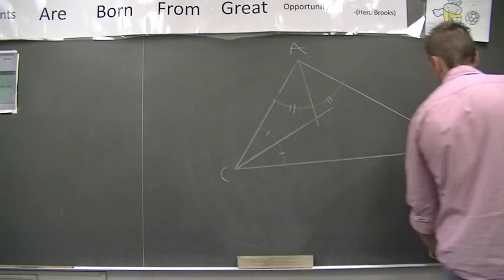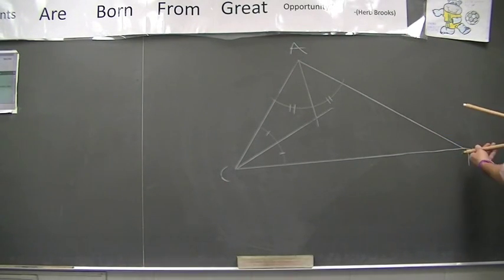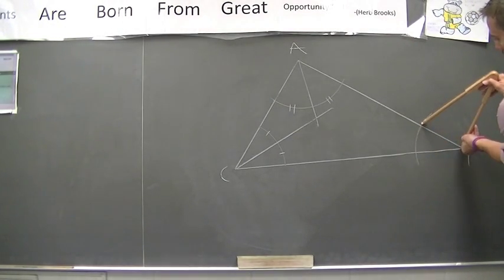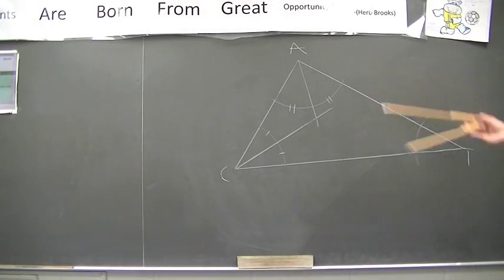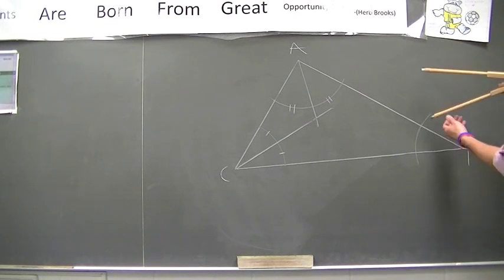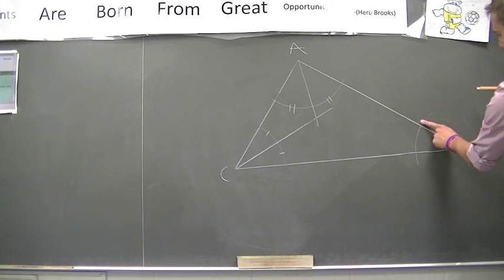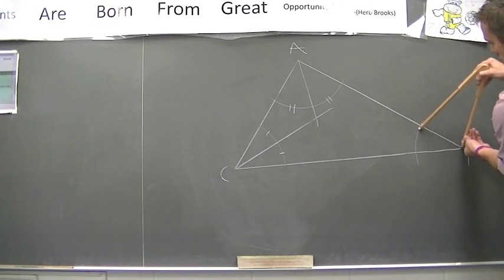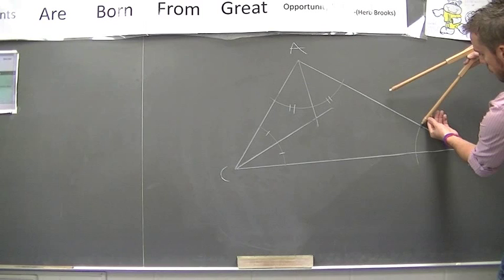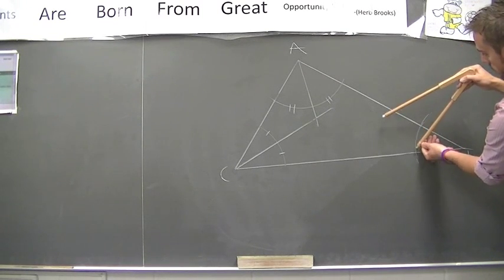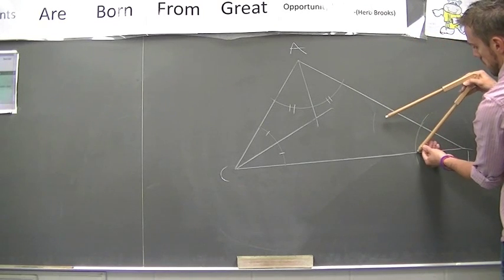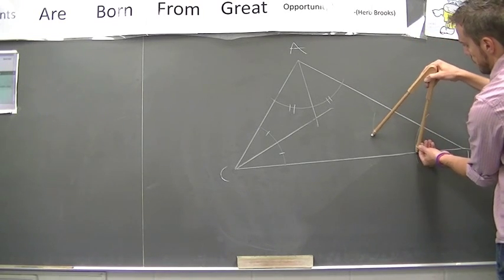So I'm going to construct my T bisector, draw an arc, crosses both of them. I still have not changed the distance of the compass. I can keep it the same. And make sure it's consistent from here and here when you're creating the arc in the interior of the angle.